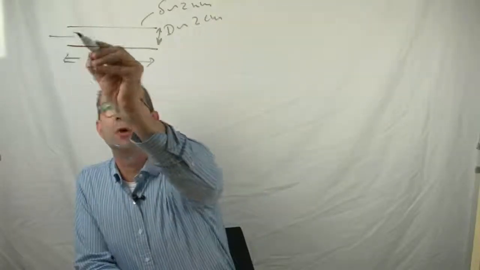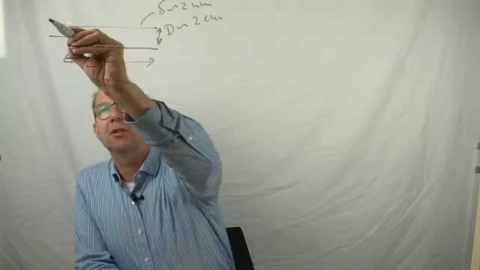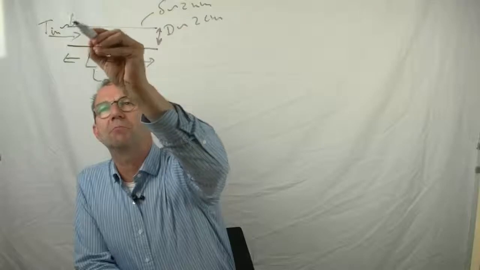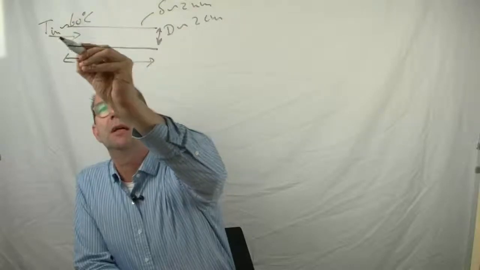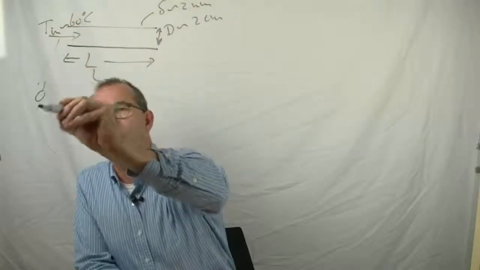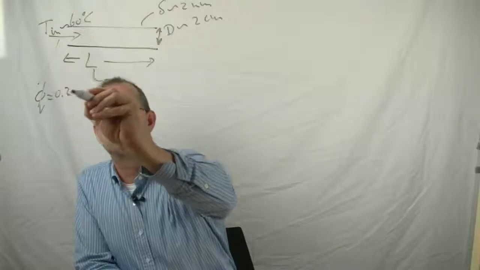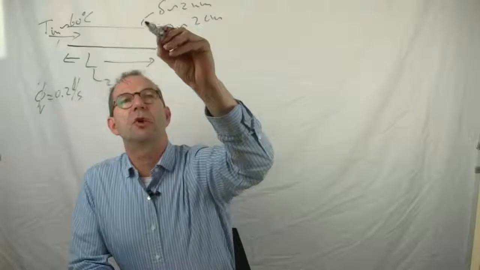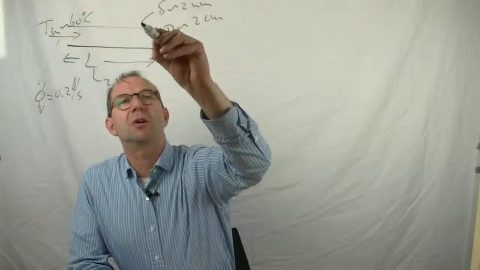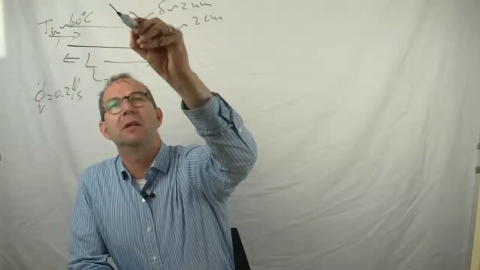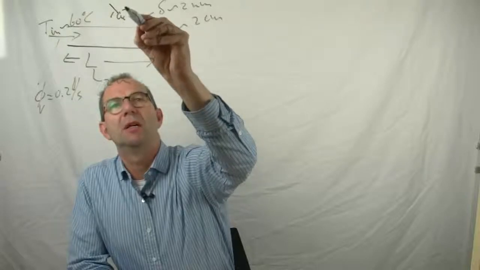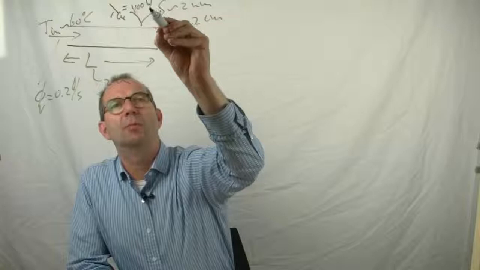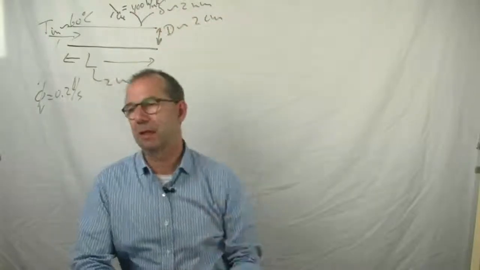Through that, water is flowing at a temperature T inlet of about 60 degrees at a flow rate phi sub v of 0.2 liters per second. The material is copper, so the conductivity here, lambda of copper, is pretty high, it is a good conductor, 400 watt per meter Kelvin.